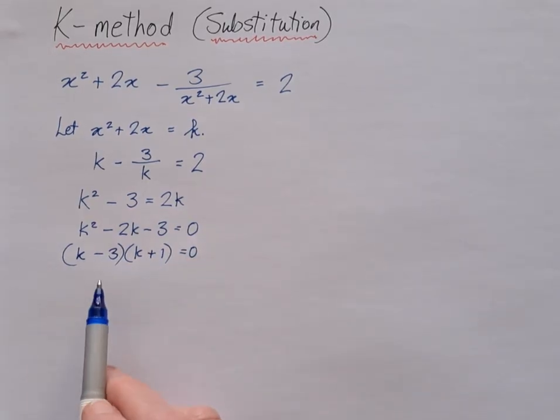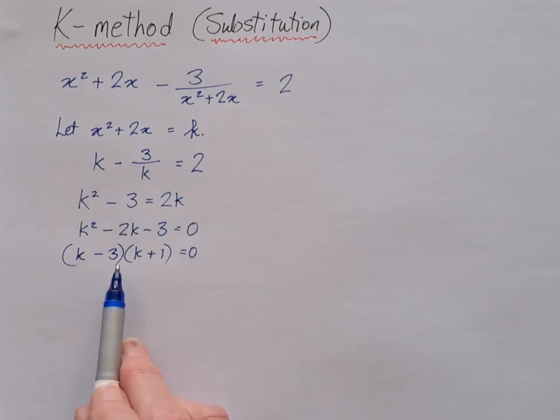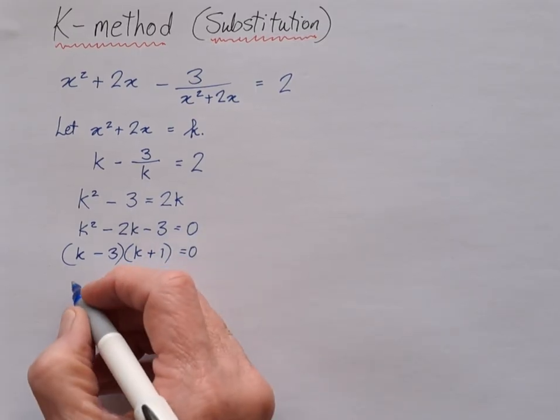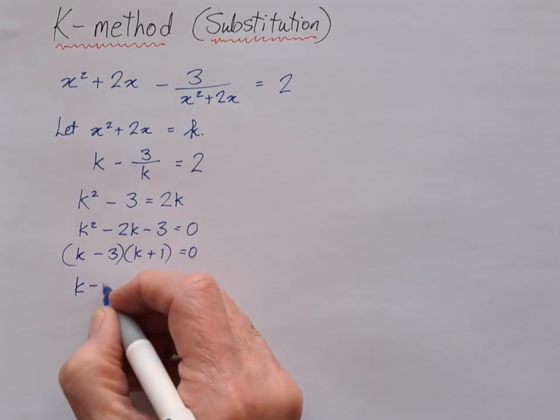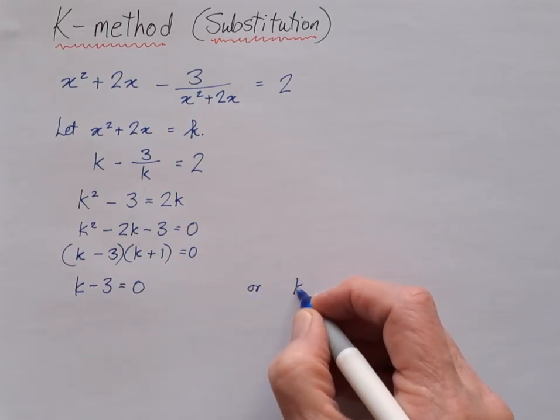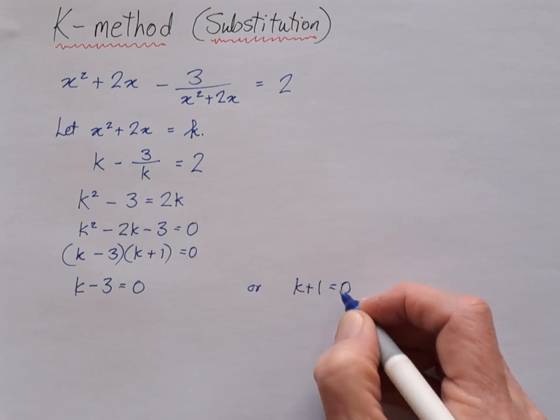Right, so now we're going to set out properly what the next step would be. It would be that either this bracket is equal to 0 or that bracket is equal to 0. So let's write exactly that down. Either K minus 3 is equal to 0 or K plus 1 is equal to 0.